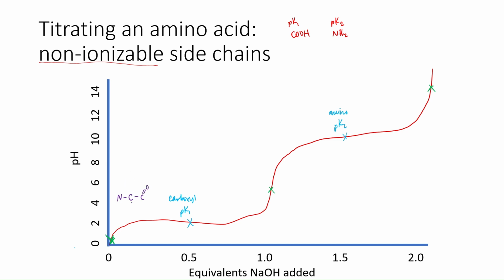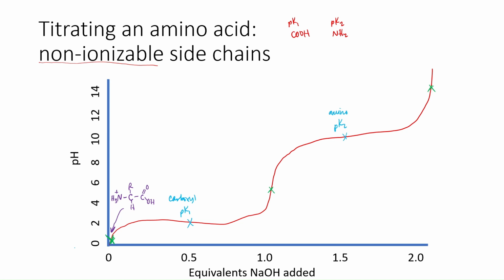Our alpha carbon is attached to a hydrogen and an R group. So here at the leftmost point on our graph, we're at the lowest pH. Everything is fully protonated. So our amino group is fully protonated. Our carboxyl group is fully protonated.